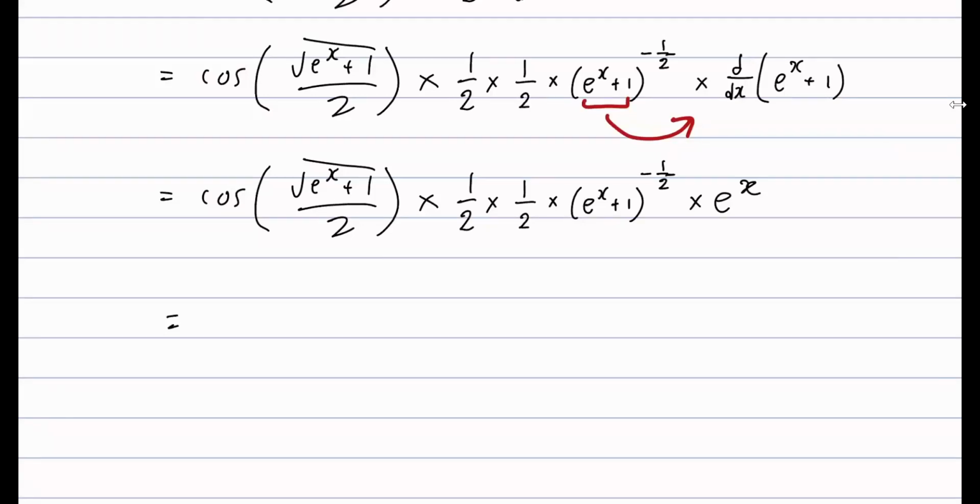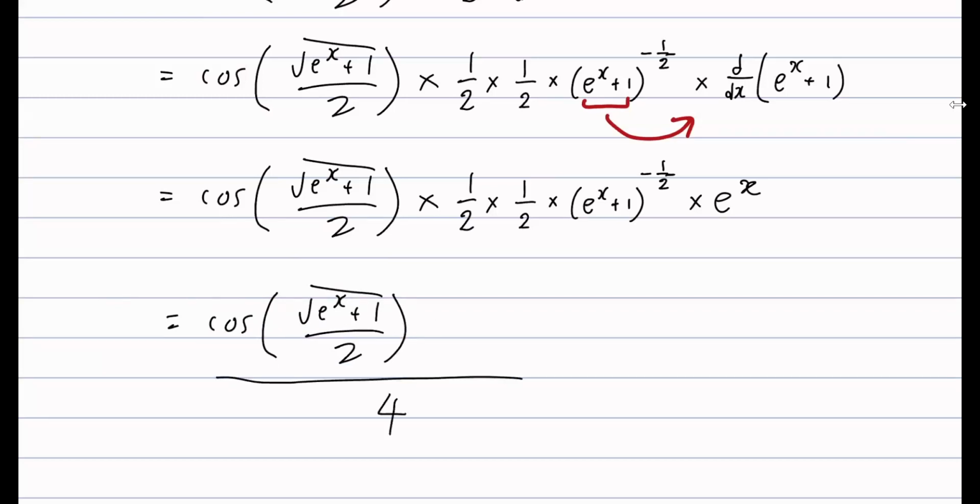Half times half becomes 1/4, so I'll put a 4 at the bottom. Then there's a power negative half, so I can bring down, so it becomes e power x plus 1 to the power of positive half. If I want to make it cleaner, I can rewrite the power half as a square root.